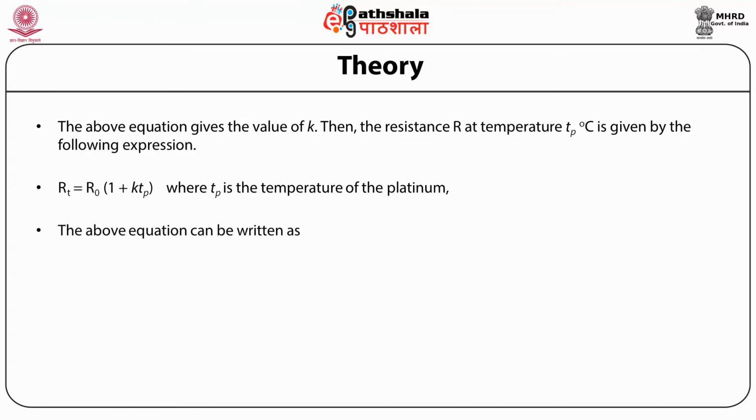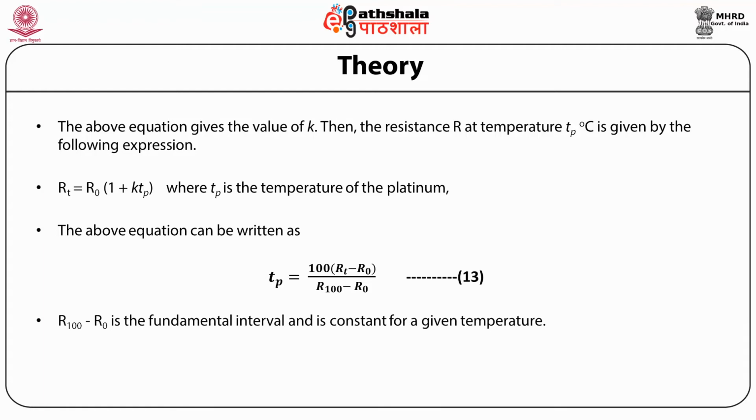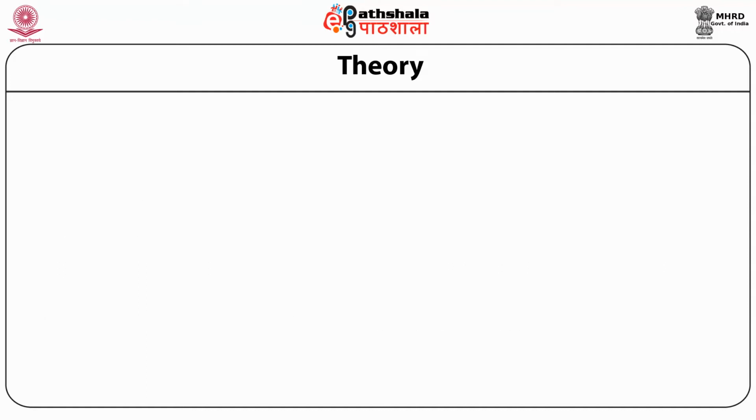The above equation can be written as Tp = 100 × (RT − R0) / (R100 − R0). This is equation 13. R100 − R0 is the fundamental interval and is constant for a given temperature.